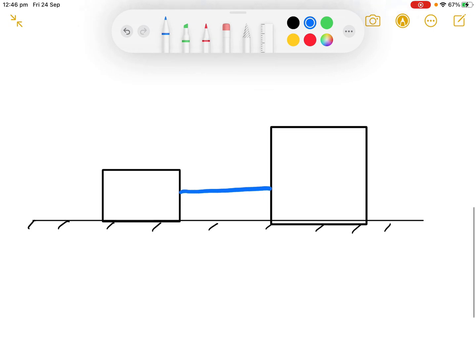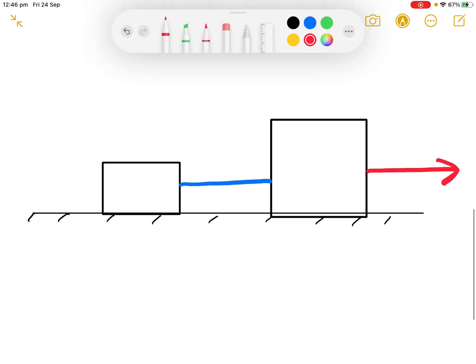Okay. Now, typically, there will be some sort of applied force which is exerted directly on one of the blocks. In this one, it's the right-hand block. So we'll call that F applied.